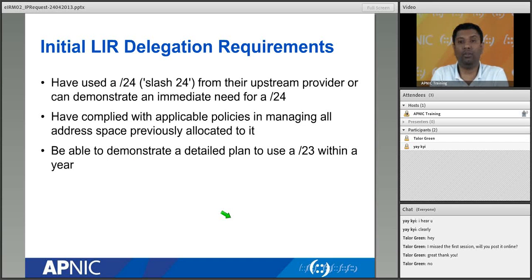And to qualify to get a /24, you need to show APNIC you have at least 25% IP address requirement today, which is 64 IP addresses. And in 1 year's time, you need to show APNIC you'll be using 128 IP addresses. Then you'll get a /24, which is 256 addresses.